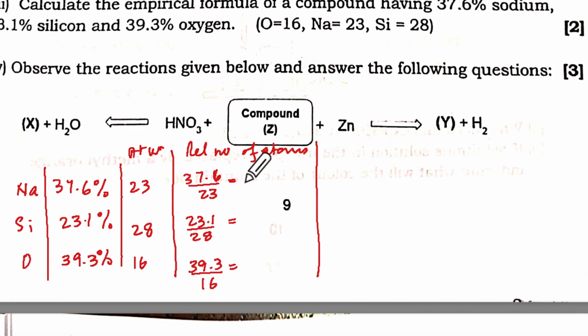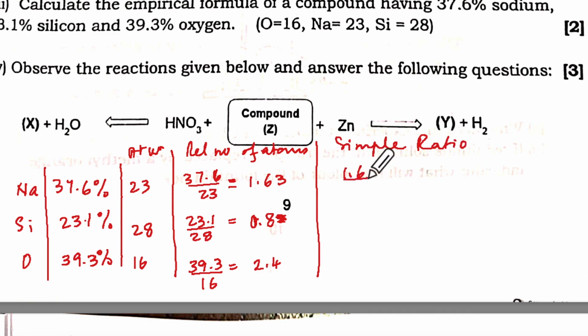Do you have the numbers ready here? 1.63, then 0.82, and this will be, just keep it like this now, 2.4. So the simple ratio, you will write 1.6 upon 0.8. Okay, then 0.8 upon 0.8.